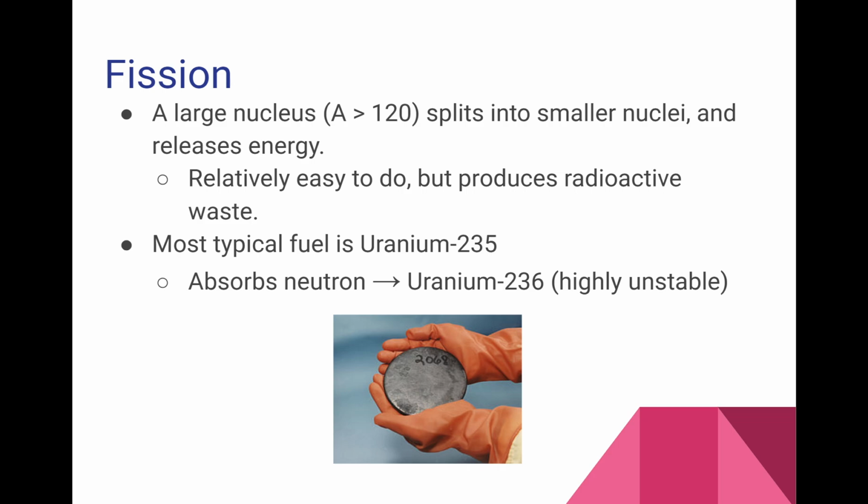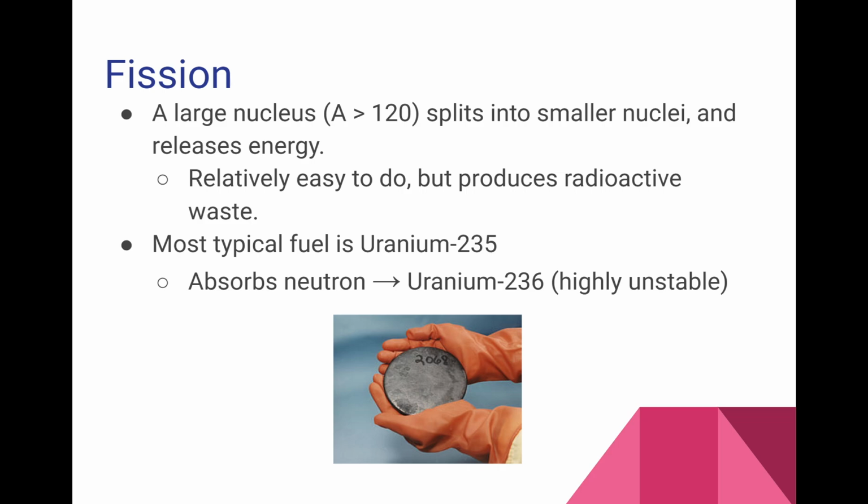If we start with something like uranium-235, which is not exactly a super common isotope, but we can refine it out and enrich the uranium that we dig out of the ground, it's itself pretty darn stable. But when we get it to absorb a neutron, it becomes highly unstable uranium-236.